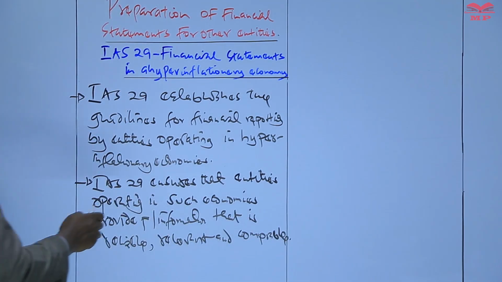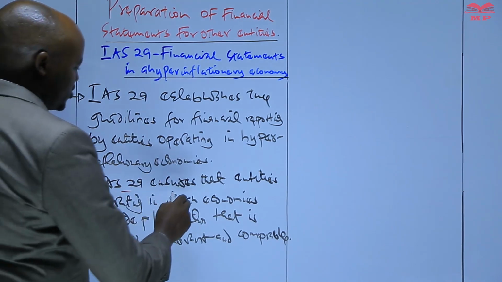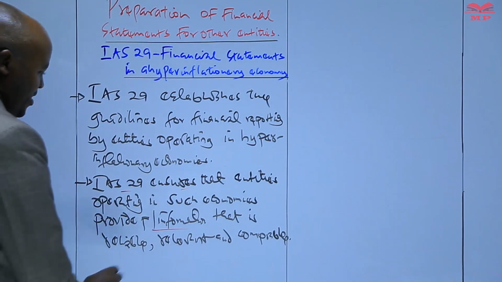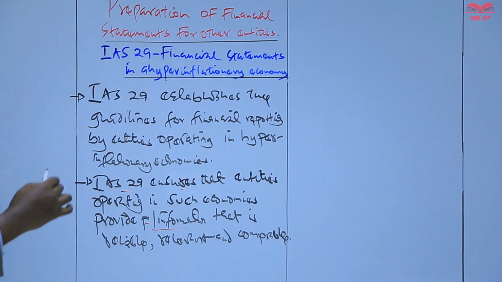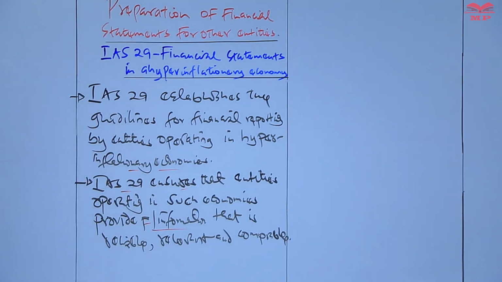That is the main objective of International Accounting Standard number 29, to ensure that financial information provided to the various stakeholders by companies operating in hyperinflationary economies is reliable, relevant, and comparable.